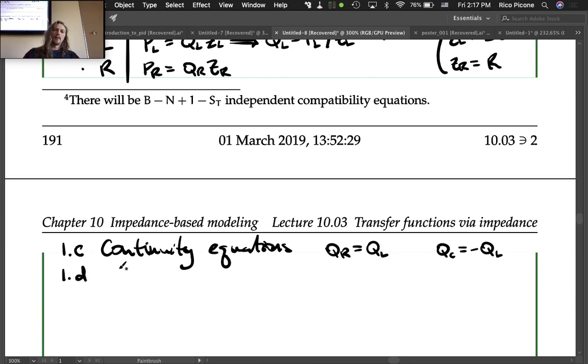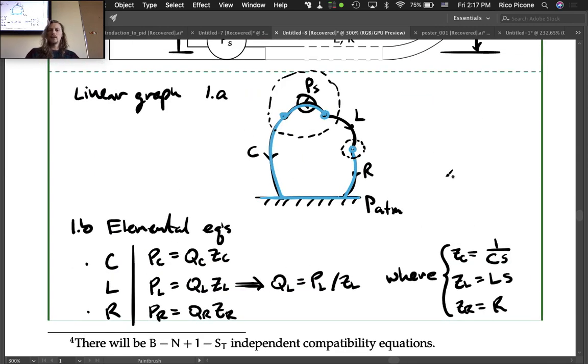All right, compatibility. How many compatibility equations do we have? There's a lot of I's in there. One. Corresponding to which element?